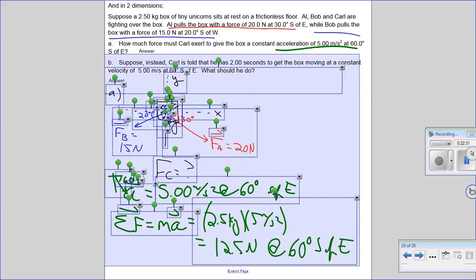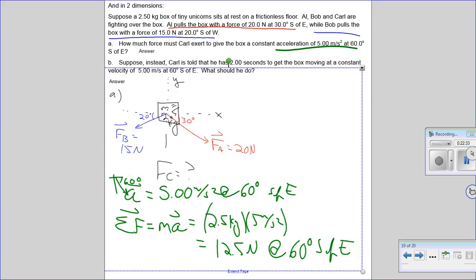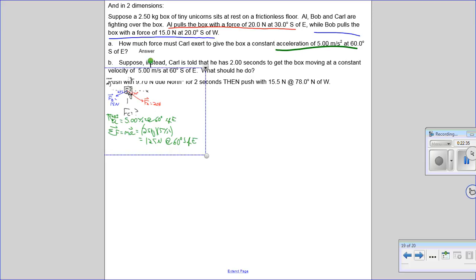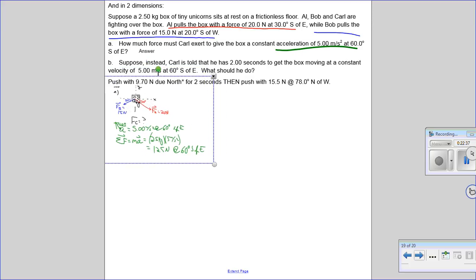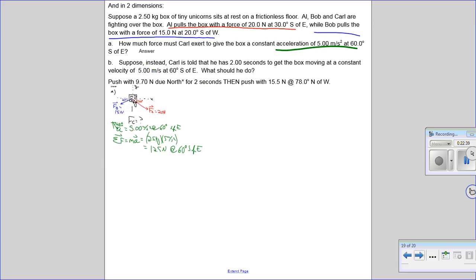All right, so here we go. Let's take this mess. Okay, so here's what I want to do. There are three vectors involved in this problem, right? There's force A, force B, force C. Those have to add up to my net force, right?